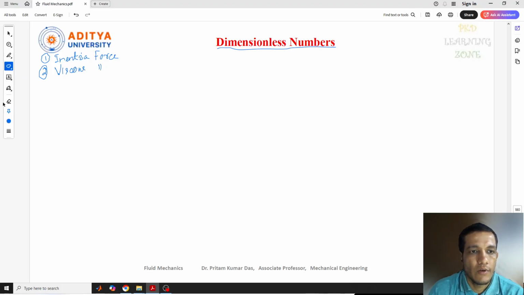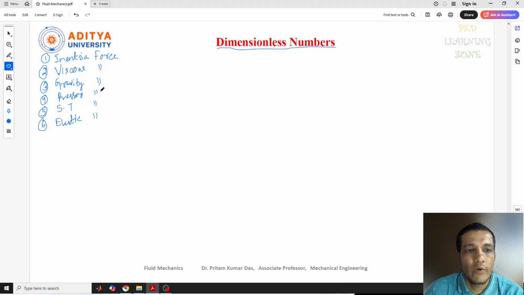Next, we discussed the gravity force, and the pressure force. Then we discussed the surface tension force, and lastly the elastic force. So these are the forces impacting fluid flows.